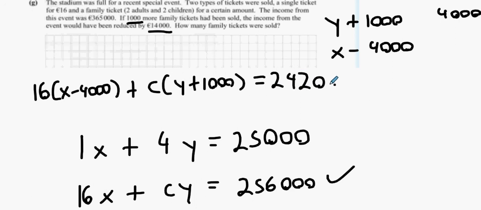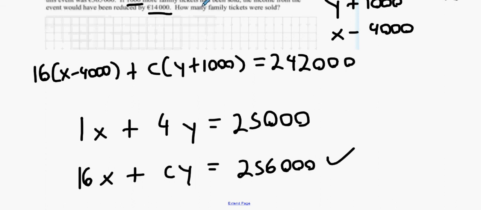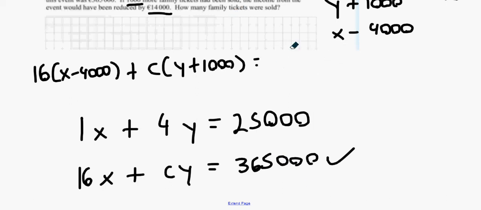Sorry, the income's 365, is it? Sorry, my fault. So the income on the first one is 365,000. Just have patience with this for 1 second. And what's 365,000 take away 14,000? Right, stick with me for 1 second. I'm about to wrap this up.